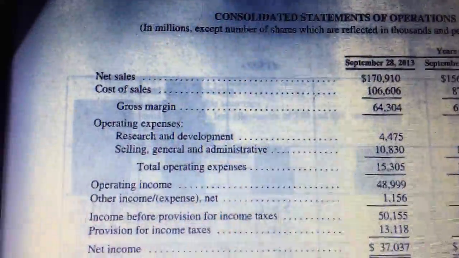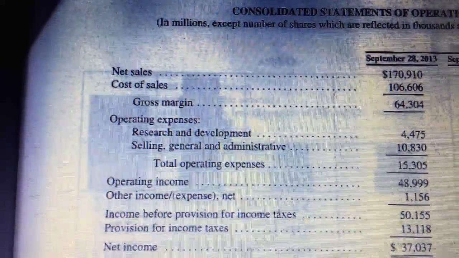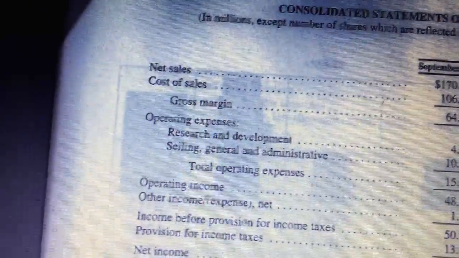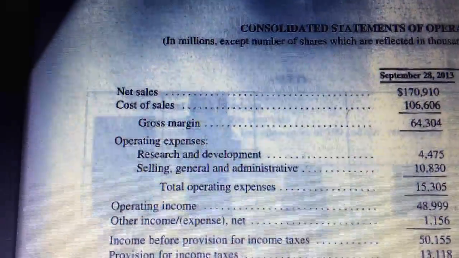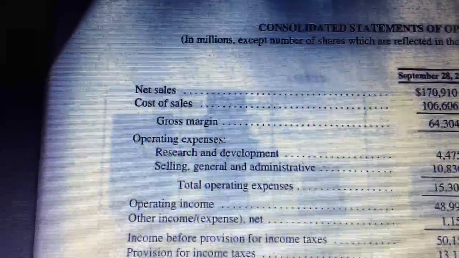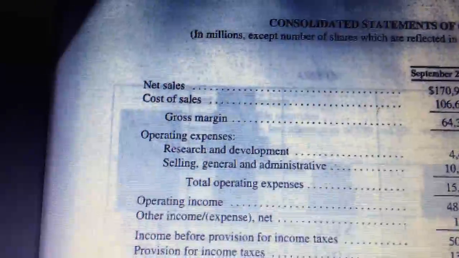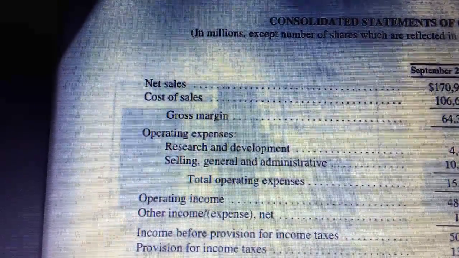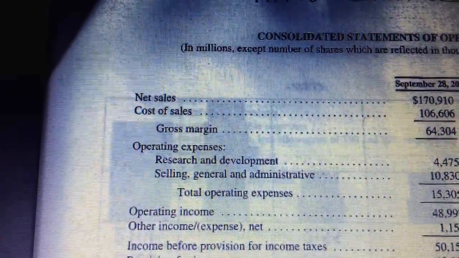You can find those online. Let me pull them back up for you. I want you to go through here and calculate the current ratio and the quick ratio for Apple.